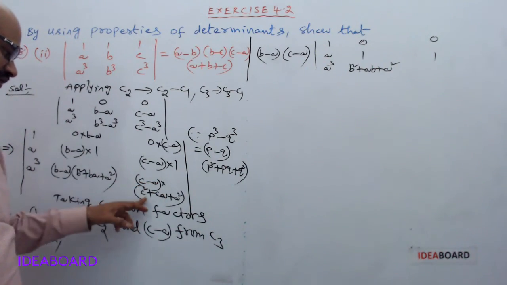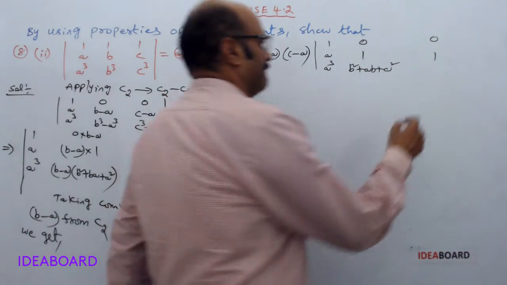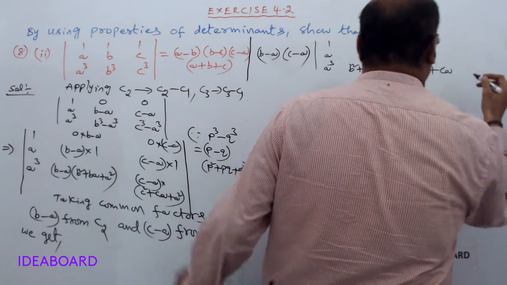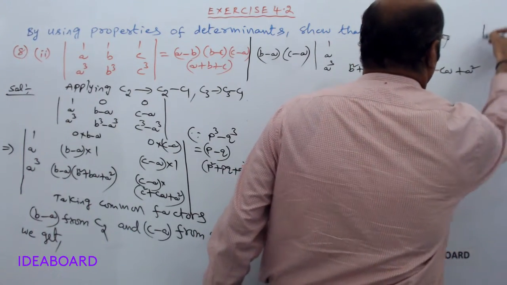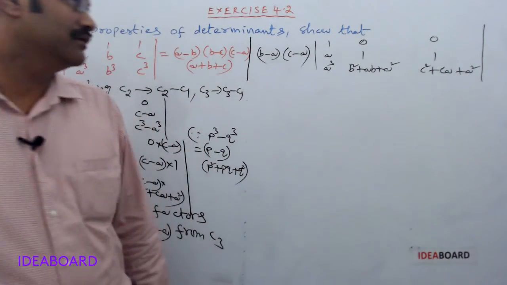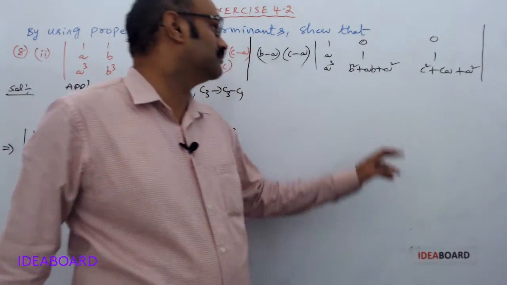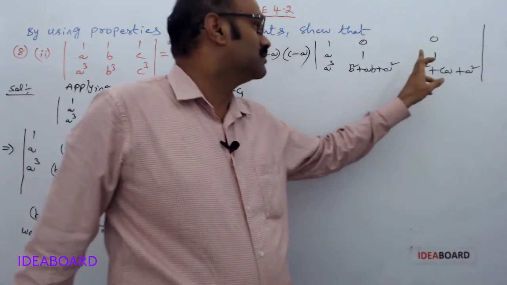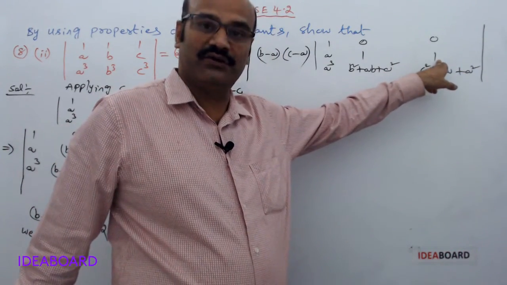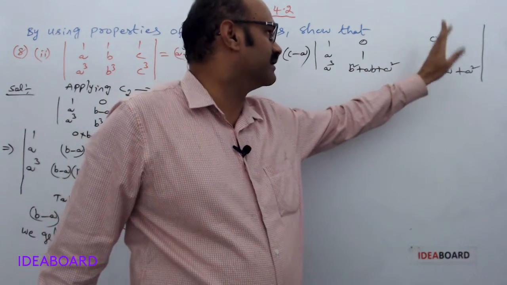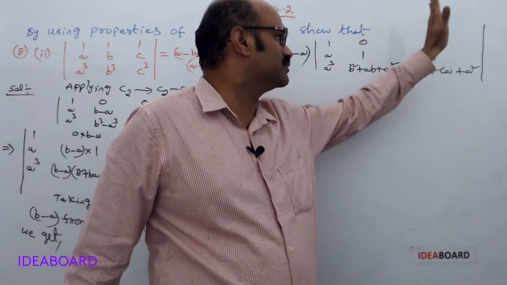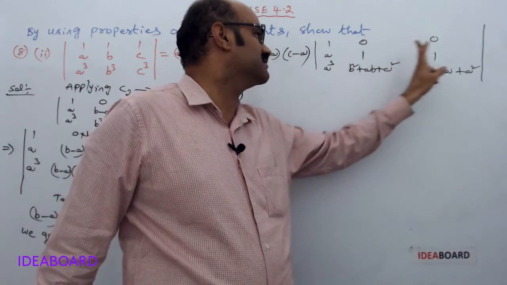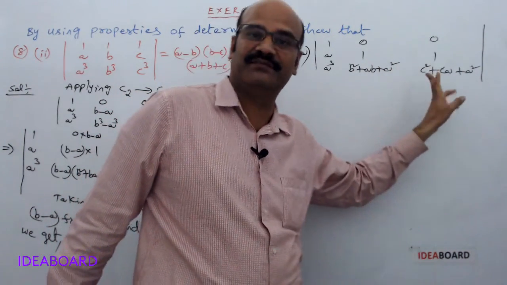When you take C minus A, we are having C square plus CA plus A square. Now here, we are having 1, 1. So to make it 0, we have to take the operation here. C3 changes to C3 minus C2. 1 minus 1 becomes 0. Then the simplification will be very easy.